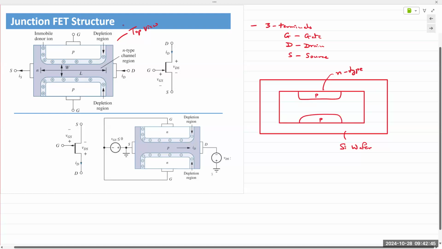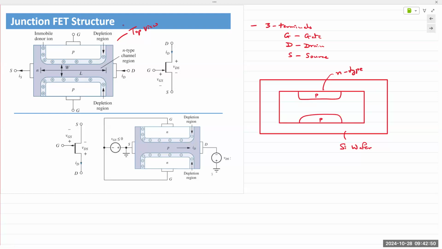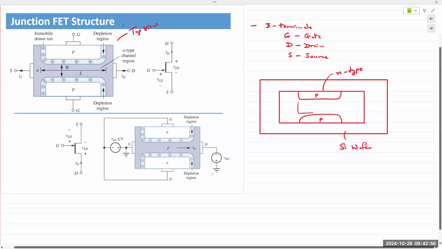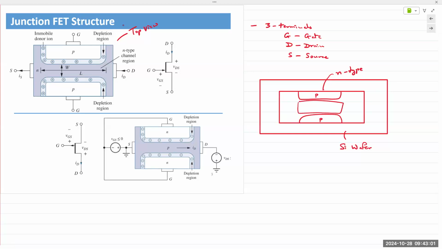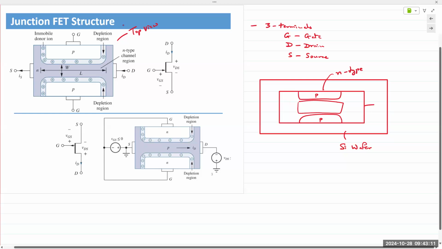Okay, so we implanted two separate areas with P-type implants. And what this does is it creates a channel inside that N-type material. The two far ends of this N-type material are labeled drain and source.